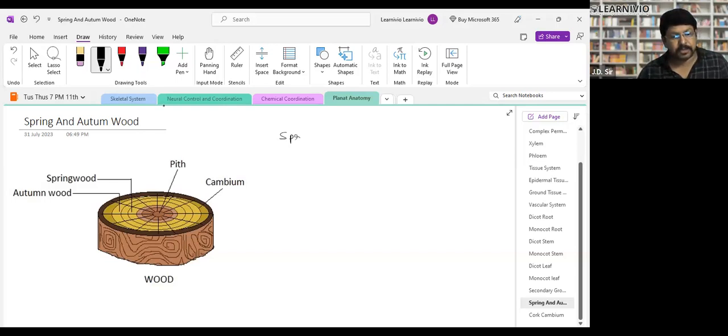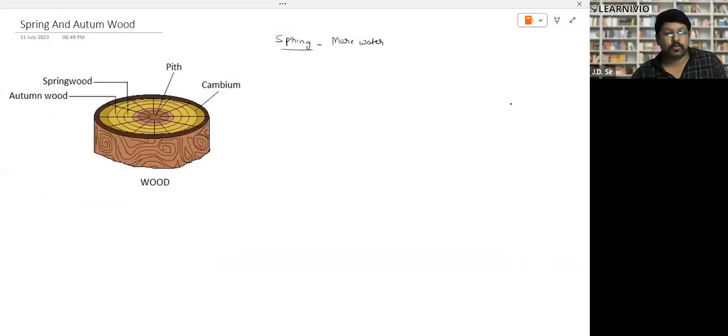In spring season, the plant will require more water because of high transpiration. Then xylem will have wide lumen.